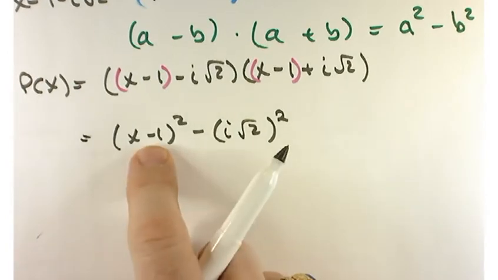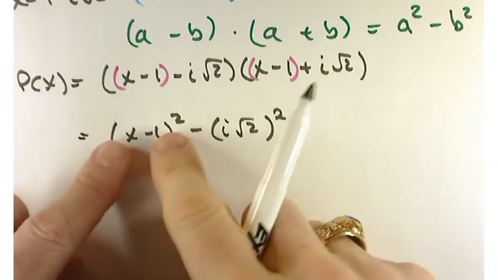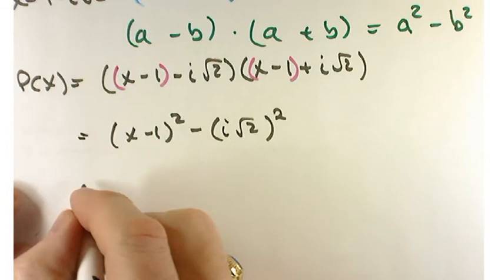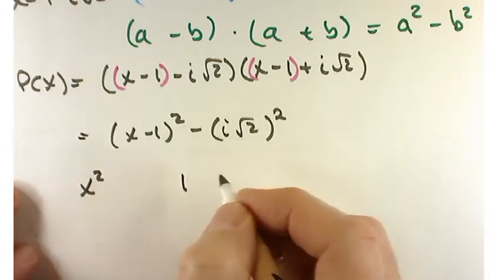Now you're going to end up squaring out binomials so often that it's probably not a bad idea to know how to do this in your head. I mean, you can get away with writing it as x minus 1 times x minus 1 and foiling it out. But let's see if we can do it simpler. I know I'm going to end up squaring both of these. So I'll have an x squared and a minus 1 squared, which would be 1.